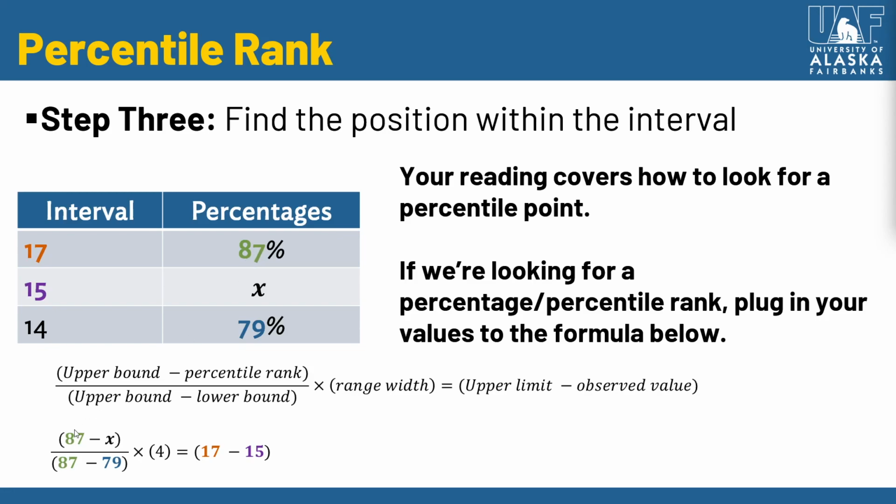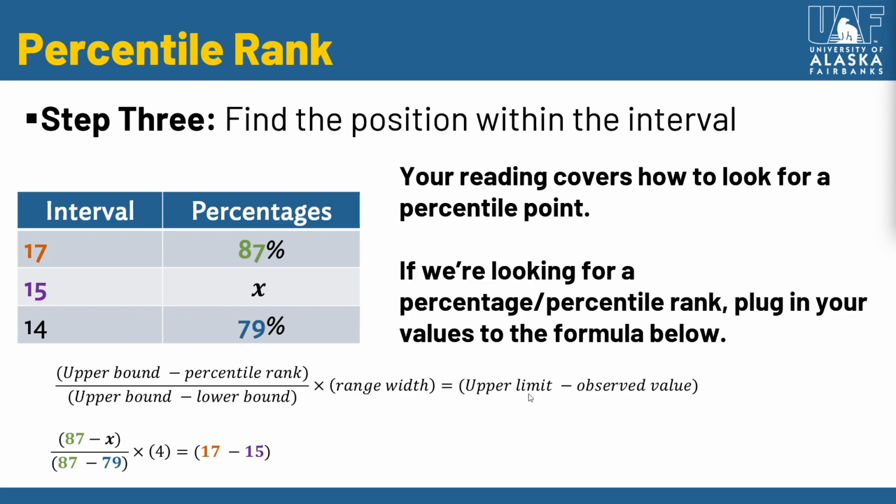I color coded these. If anyone has issues with the colors, let me know and we can talk through it in other ways. We see here the upper bound was 87% and the lower bound was 79%, and we're multiplying that by the range width, which we said was 4. That's the width of the interval.